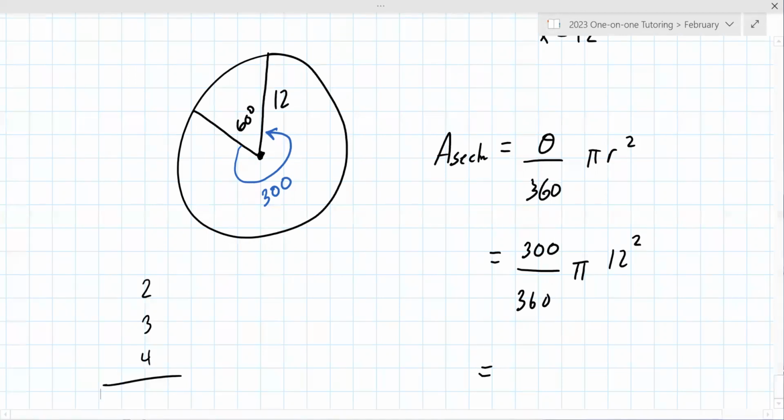Oh, I have to multiply the 144 with the 5 over 6. Yes. Wait a second.